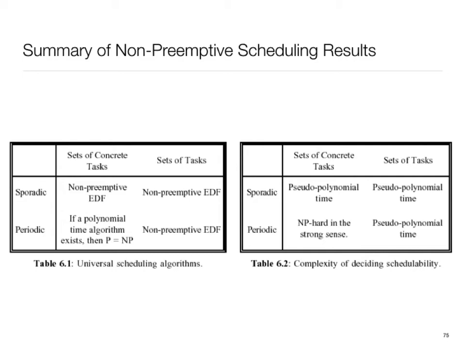It turns out that whenever we can solve the problem, non-preemptive EDF is the optimum. And one corner, which is periodic tasks and a set of concrete tasks, where I knew when the first instance arrived, we do not have a polynomial time algorithm.